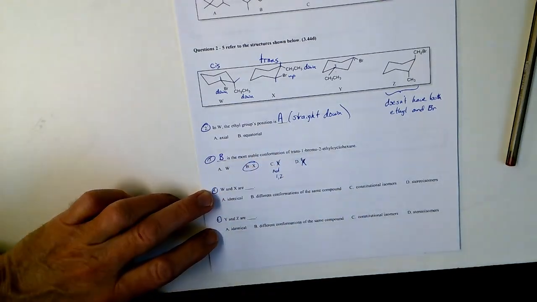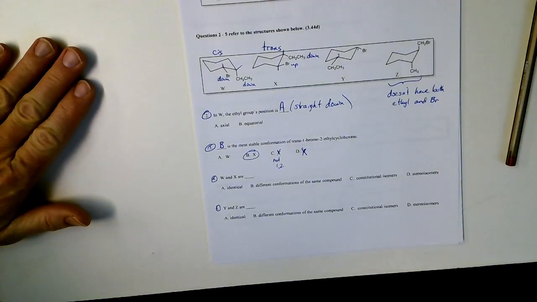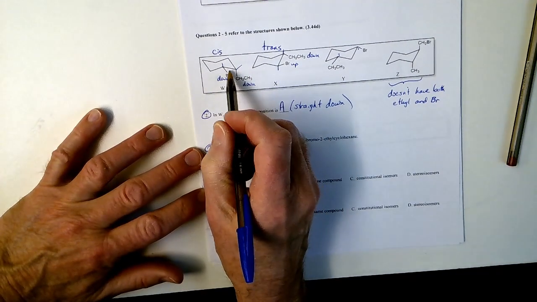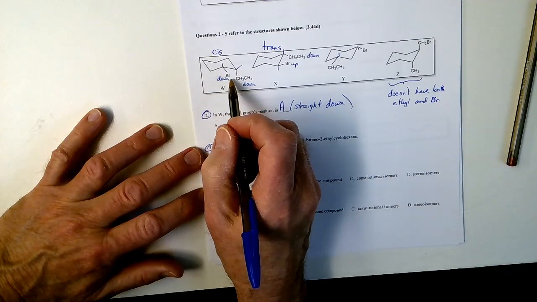So when it says that means like they're both pointing the same direction? Yeah, either both up or both down. Okay, so it doesn't mean like if they're on the same side of that? Well, they both kind of are on the same side here, right? Because this one points straight down and this one points down.